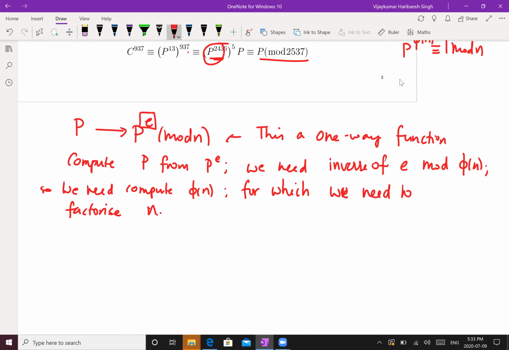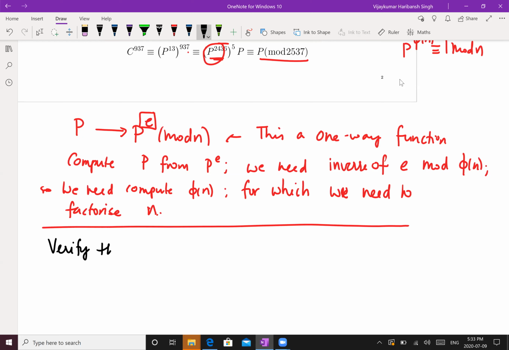So now let me quickly verify the following: that encryption and decryption are inverses of each other.